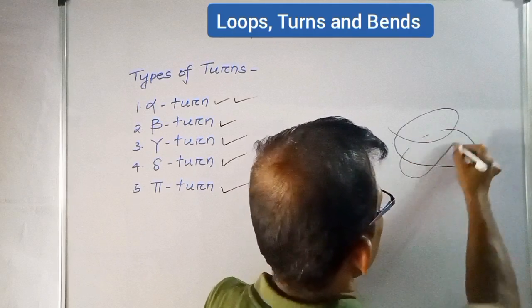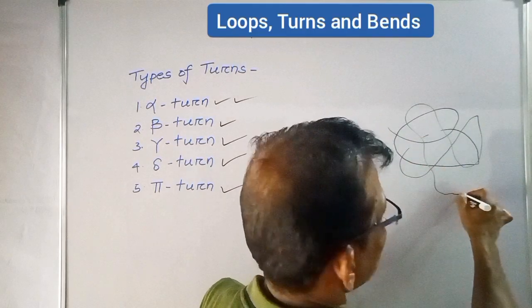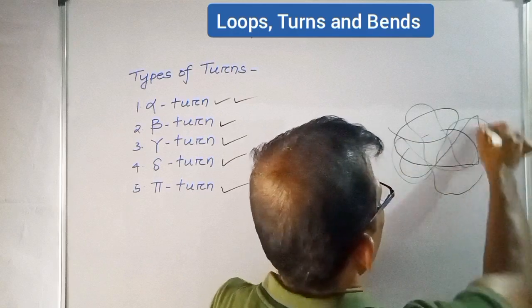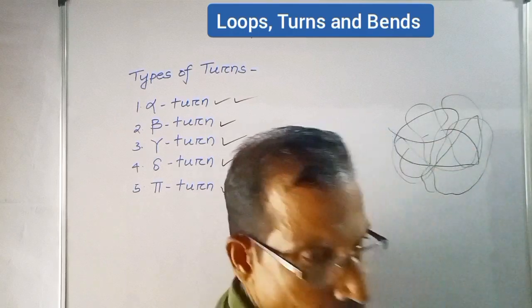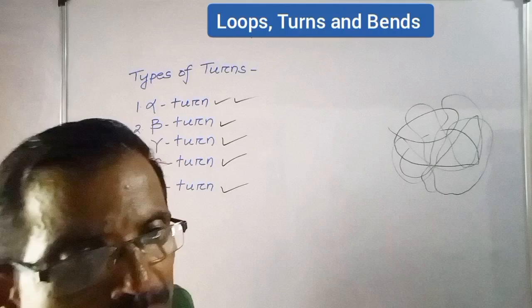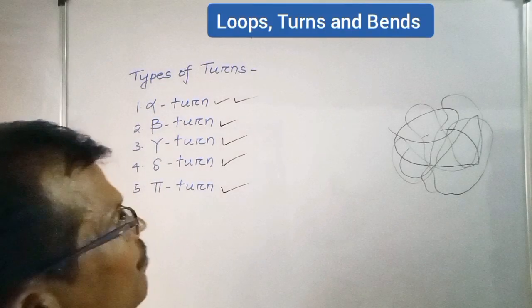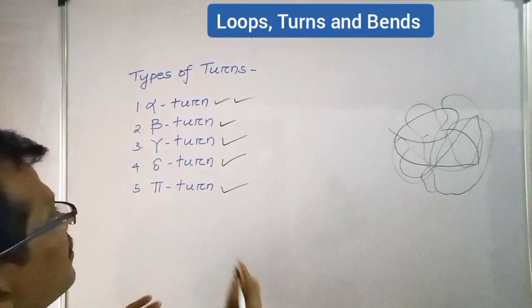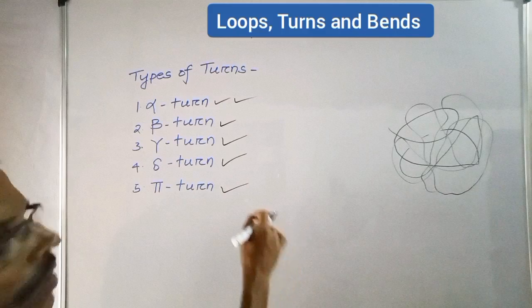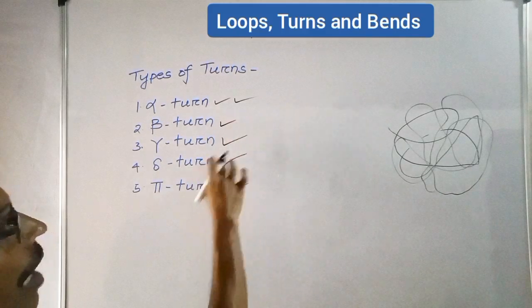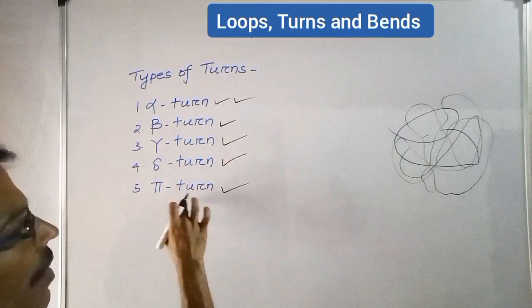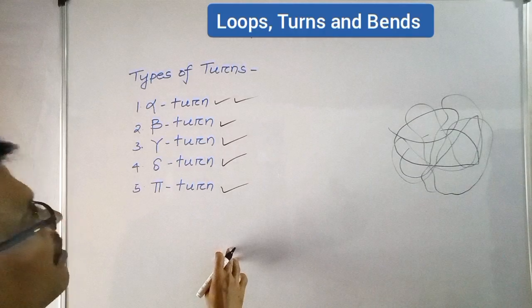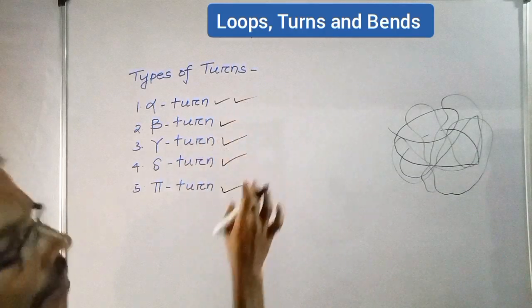As a result, it folds upon itself, thereby forming a compact structure. Based on the conformation, turns can be classified into several classes such as alpha turn, beta turn, gamma turn, delta turn and pi turn. First of all, what is an alpha turn?